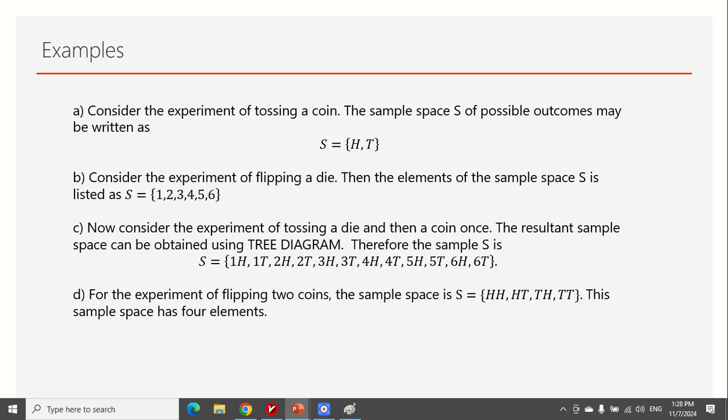Here, the statistical experiment is tossing a coin, and when we toss a coin, there are two possibilities. We assume the coin is tossed properly and lands on one side; we don't consider the case where the coin drops in a way that the head and tail do not clearly appear. Let me show you.